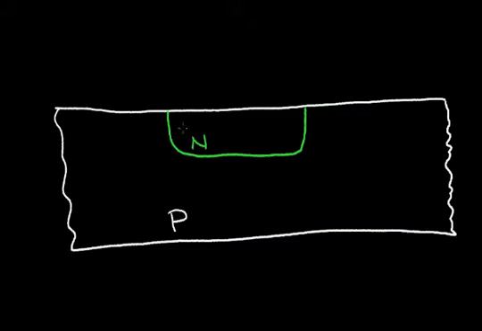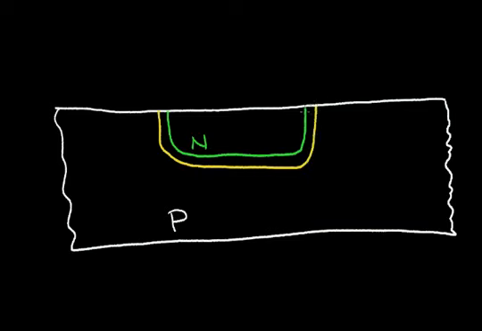So if I know that the n region is higher concentration than the p region, what does that tell me about the depletion region? Well, remember that the depletion region extends mostly into the lightly doped material. So my depletion region, I'll draw here, will extend mostly into the p region.